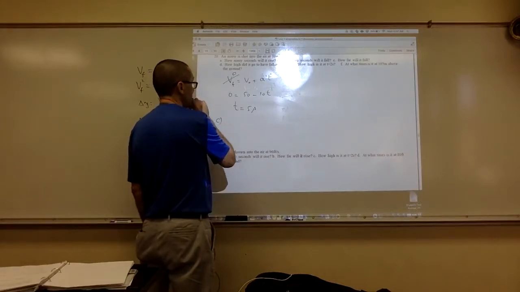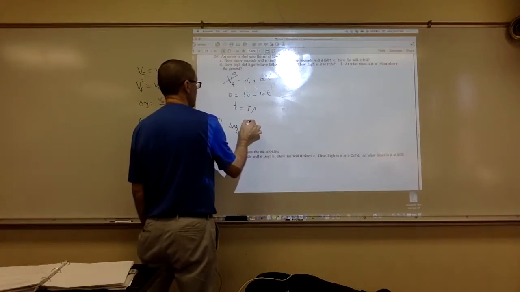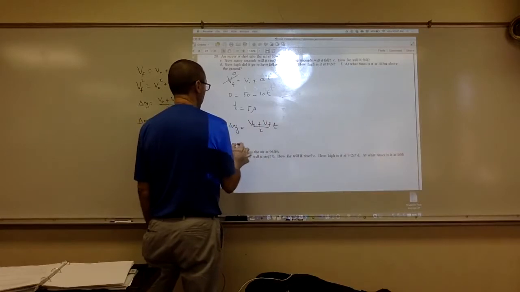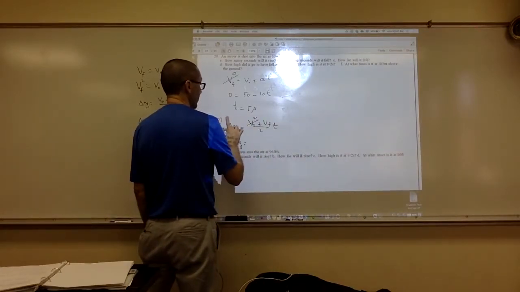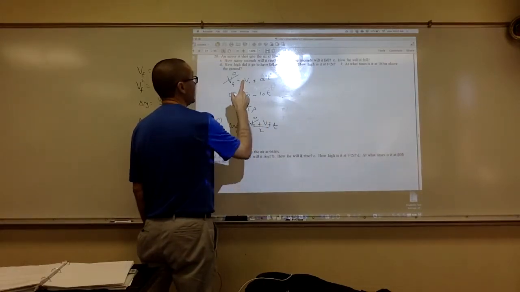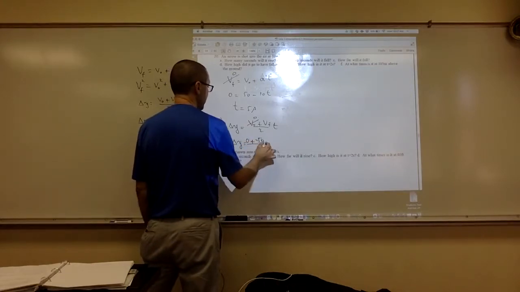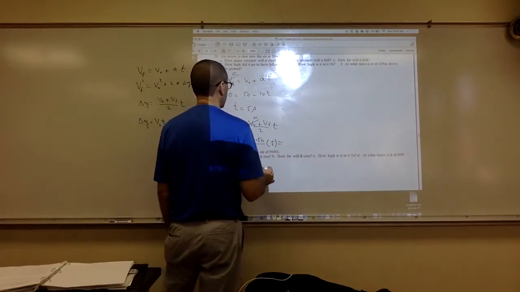So I can do the delta y equals Vo plus Vf over 2 times t. Now looking at it from the top, the initial velocity is 0. The final is 50 but negative. Okay, so 0 plus negative 50 over 2 times 5.